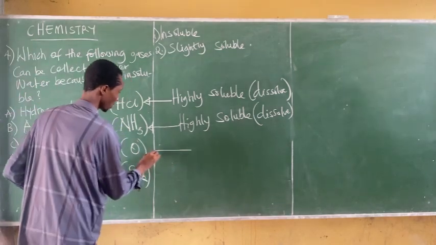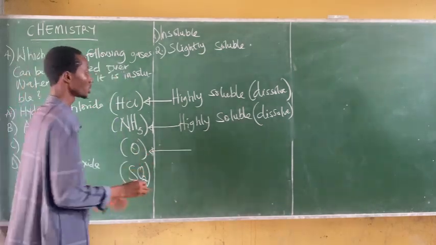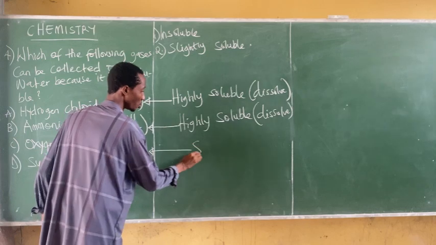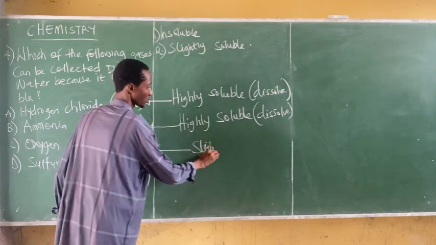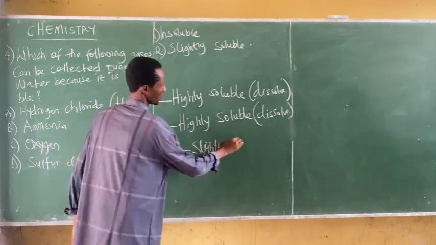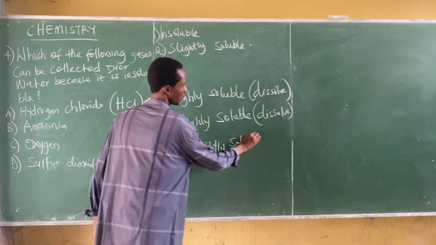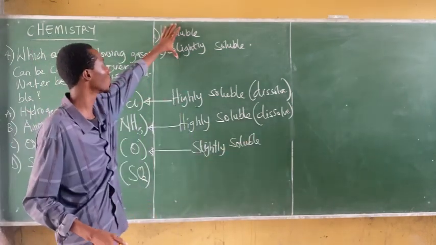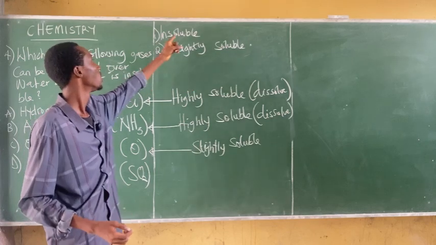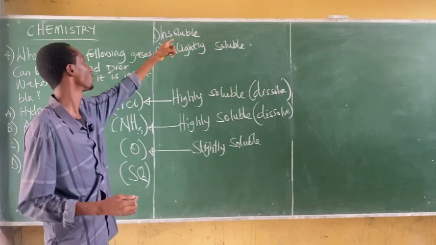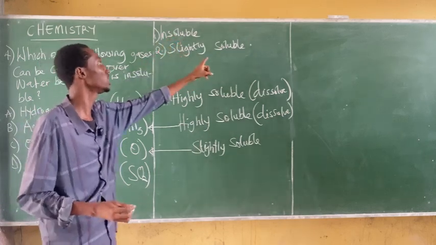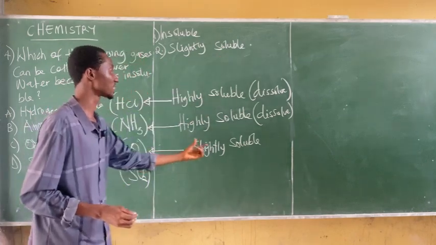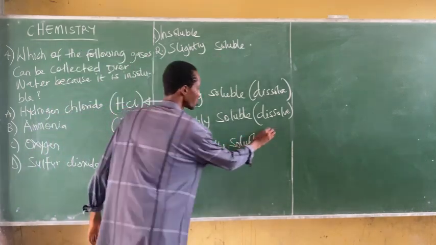Oxygen is slightly soluble when collected over water. And don't forget the condition we stated initially says for a gas to be collected over water, it must be insoluble or slightly soluble. Oxygen here is slightly soluble. So oxygen is suitable.